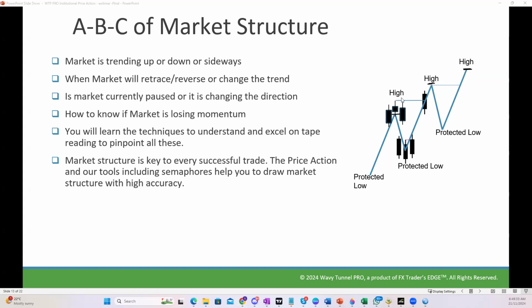Are they increasing or decreasing? Right? The same thing you can do with the candles as well. Every single candle has a high and a low. So you try to measure the distance between this low and this low, or this high and this high. You can understand whether the momentum is accelerating or slowing down and the trend is coming to an end. So this particular pattern, the swing high, is always present in every single candle. So sometimes, if you know how to measure this area, you can easily find the reversal points.